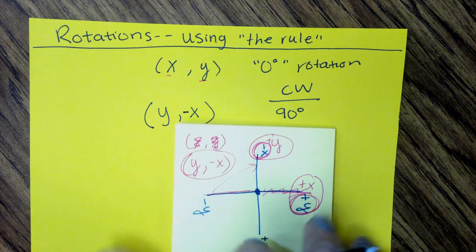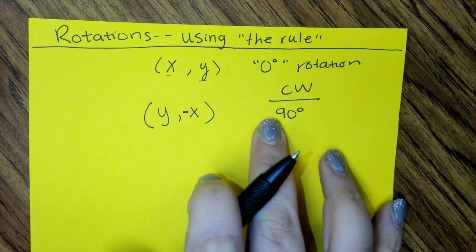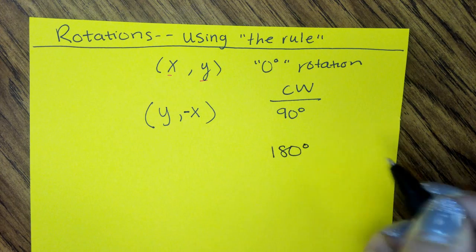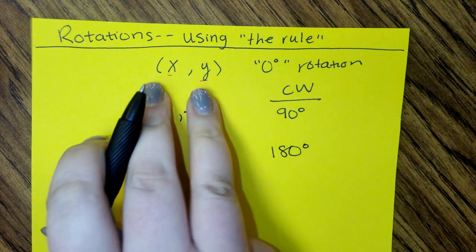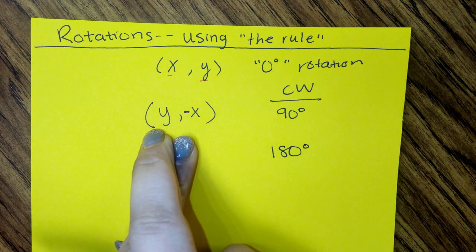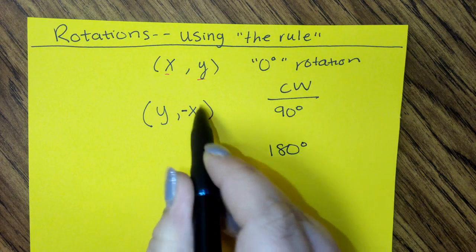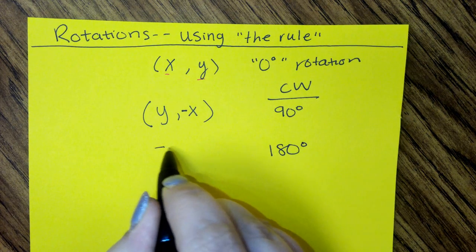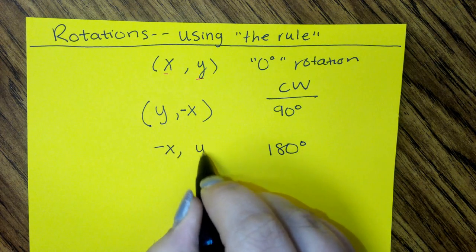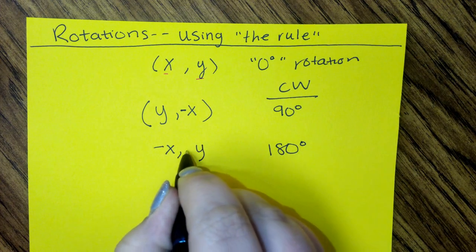If I turn my graph another 90 degrees clockwise, that's now two 90-degree rotations clockwise. That would get us 180 degrees. So we're going to perform that same step: switch the order of the coordinates, and make the second one opposite. When I switch the order now, the negative x goes first, or the opposite x goes first. Then I write y, make the new second thing, or y, opposite.